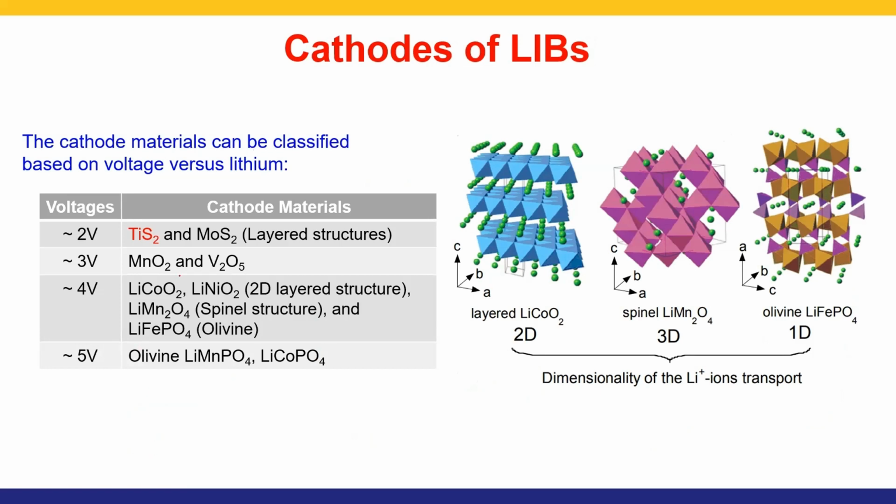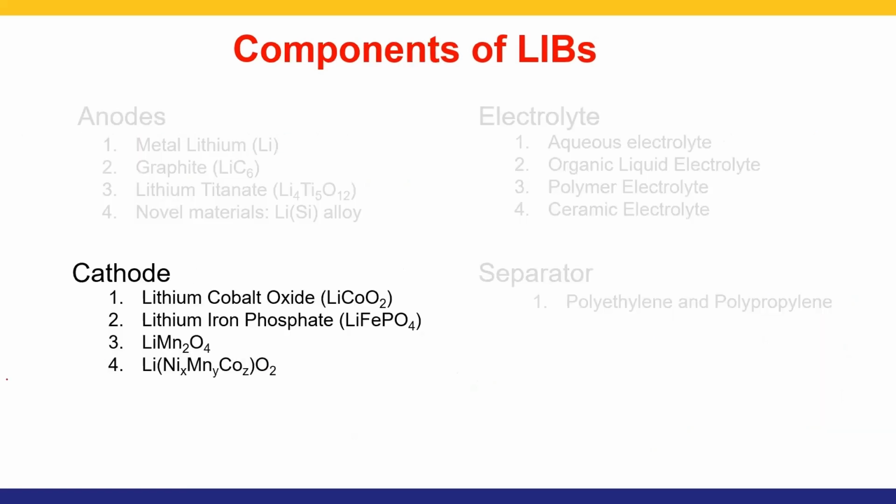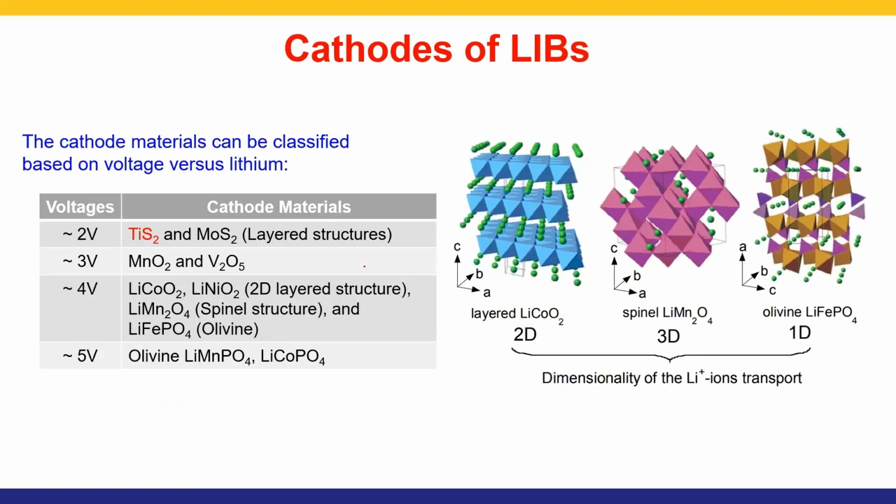In cathodes, we have many lithium metal oxides, and these lithium metal oxides have relatively poor electrical conductivity as compared to the carbon-based anode, in this case graphite. And hence in cathode, we need to add in some conductive agent, for example carbon black. And this process will inevitably sacrifice some energy density.